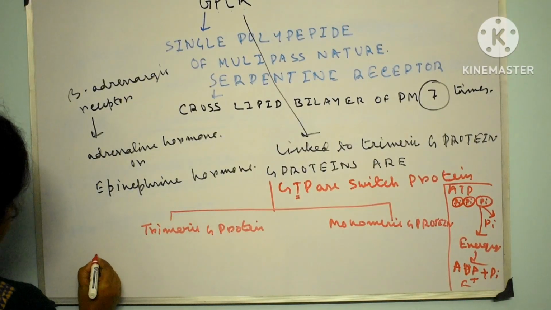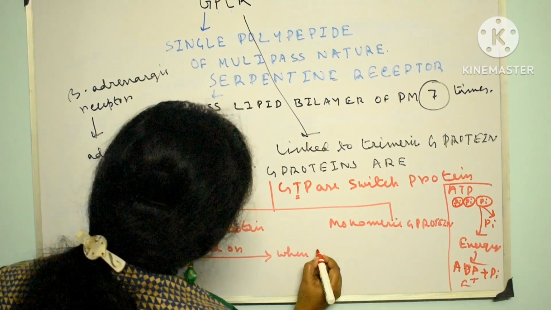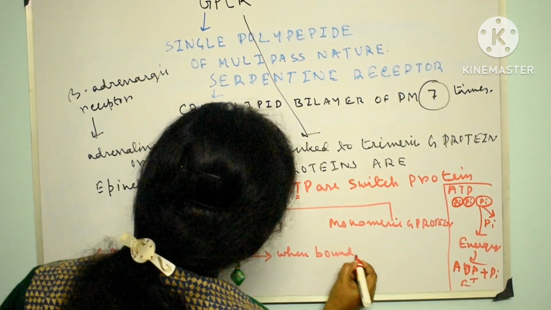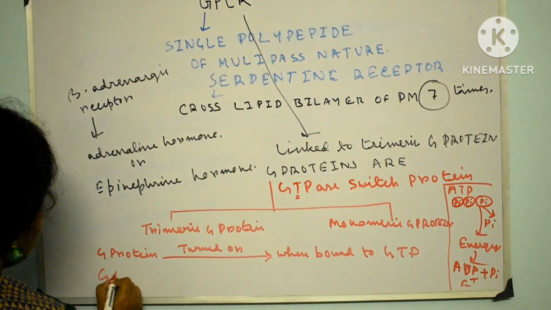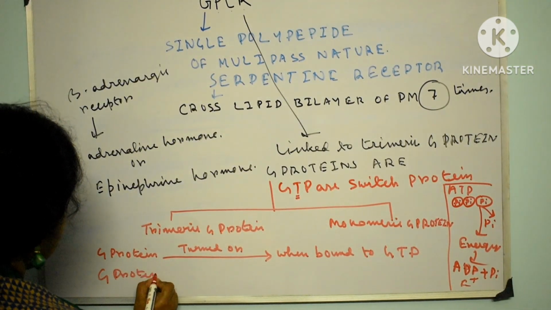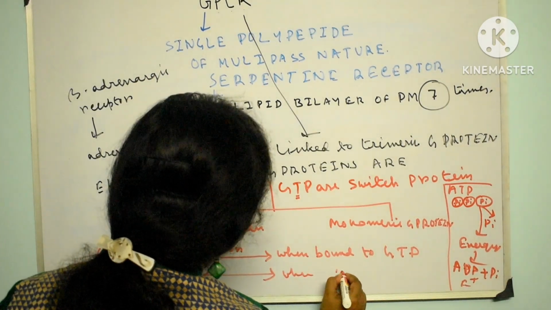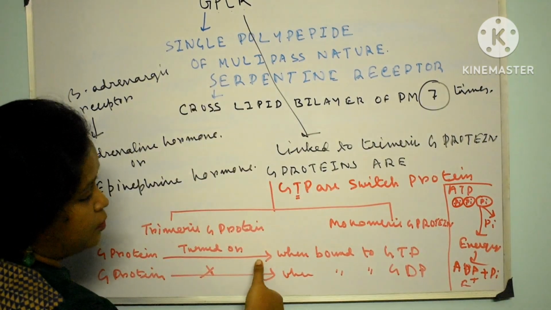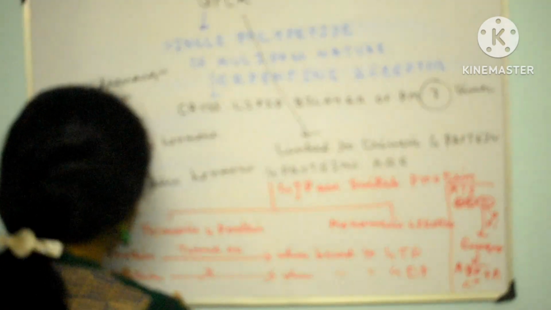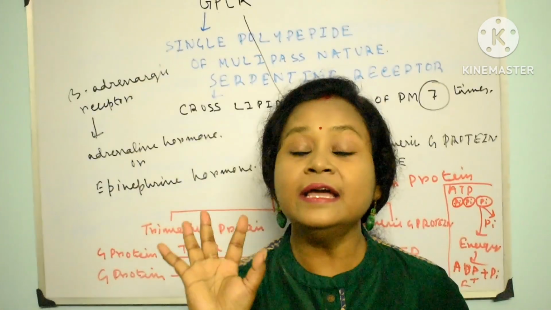G protein is turned on when bound to GTP, and turned off when bound to GDP.